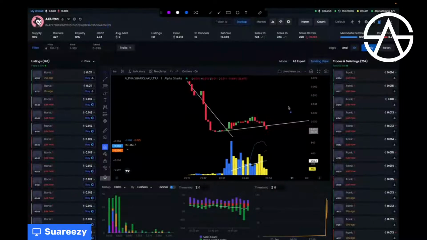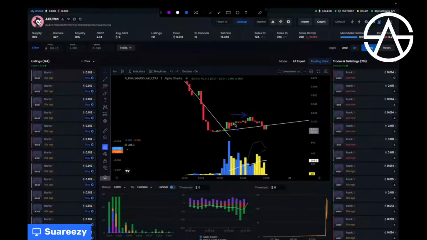It would be very useful here, because if we were anticipating the pullback, let's say we've seen our volume starting to decrease over time, and we knew that we had sell walls or people with 10 plus tokens that were likely going to sell the top of this. So we anticipated the pullback.